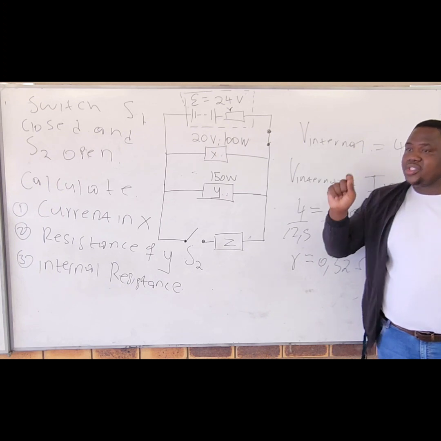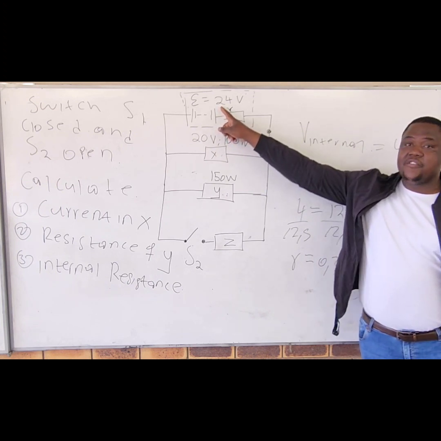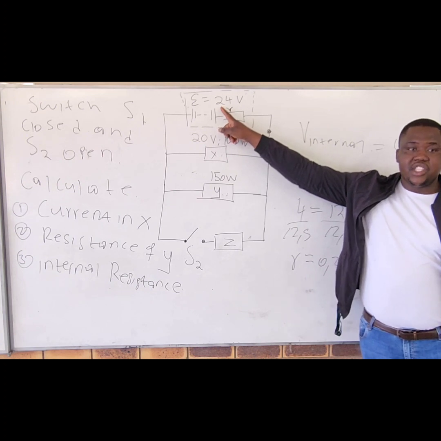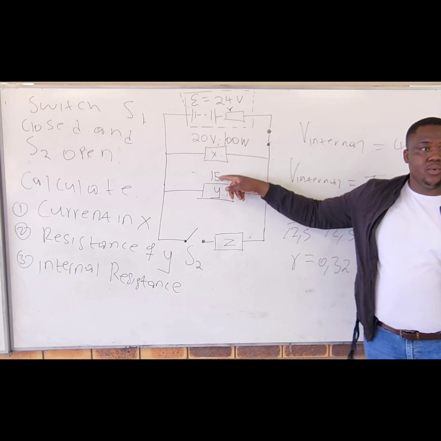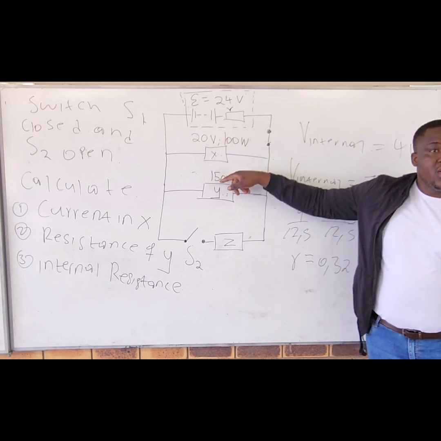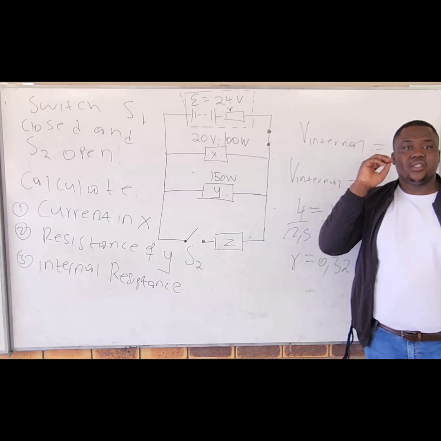You will need to use the theory. As I'm telling you, the battery could deliver 24 volts as the maximum energy, but the external resistance, which is the V load, only recorded 20, meaning 4 was lost.